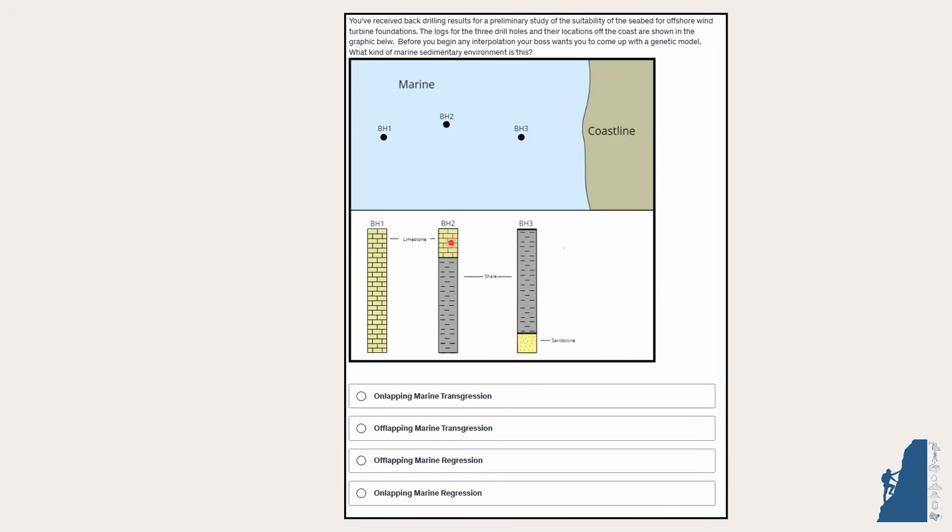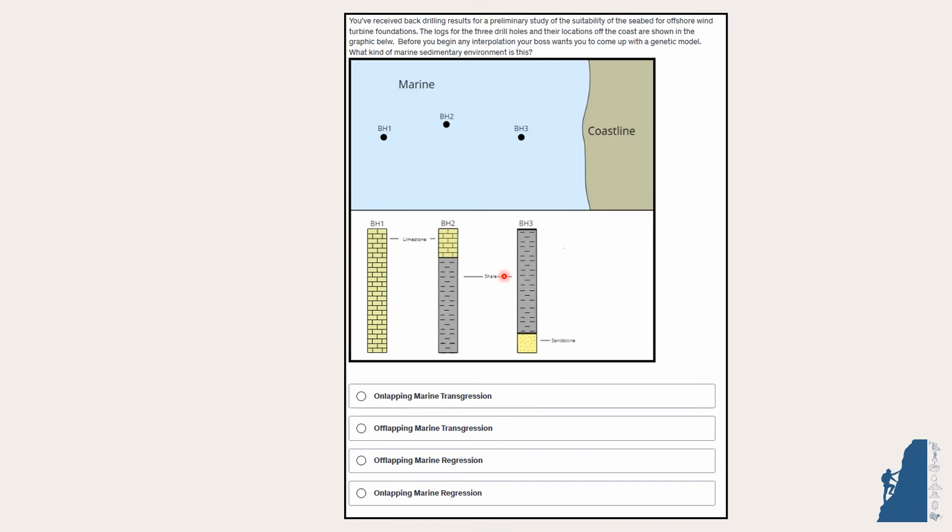Borehole 2 has that limestone overlying shale. And borehole 3, which is closest to the shore, contains sandstone and shale overlying that sandstone. So all of these boreholes suggest we have deeper marine sediments overlying shallower marine sediments over time.